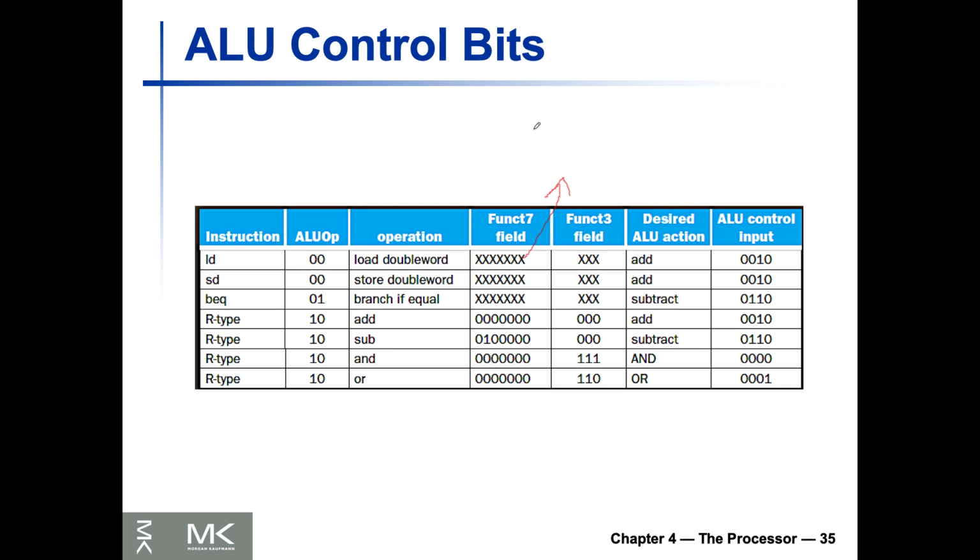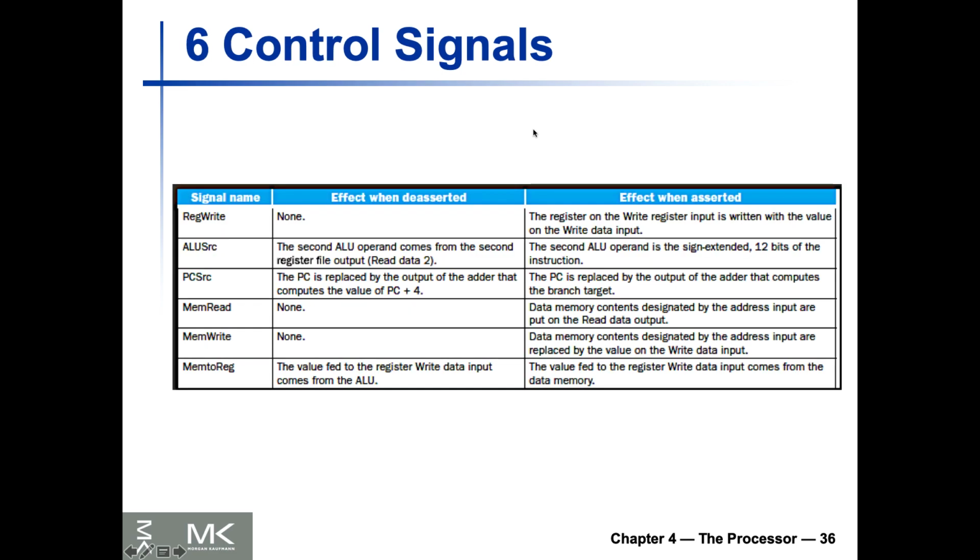So let's see in more detail what are those 6 control signals that we need to access, right, to control different operations done in a pipeline. All right. So we have read write, we have ALU source, PC source, mem read, mem write, and mem to reg, which is memory to register. Okay.